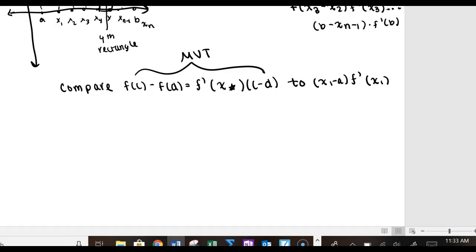Which means, substitute, this equals this. That means this equals f of x1 minus f of a. Notice how I drop the derivative, because this is f prime, this is f.